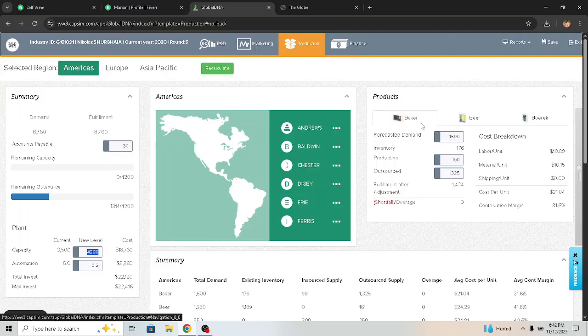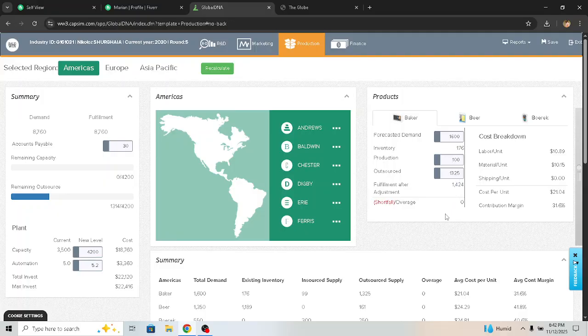For our first product, we are going to look at Baker in the Americas. We had a forecasting demand of 1,600 and we had an inventory of 176. Inventory means the number of products we did not sell last year, so we are going to factor it in. We are going to subtract this 176 from 1,600. The remaining amount, we had to outsource, 1,325 units, because we had a huge remaining amount, and we only invested 100 in production.